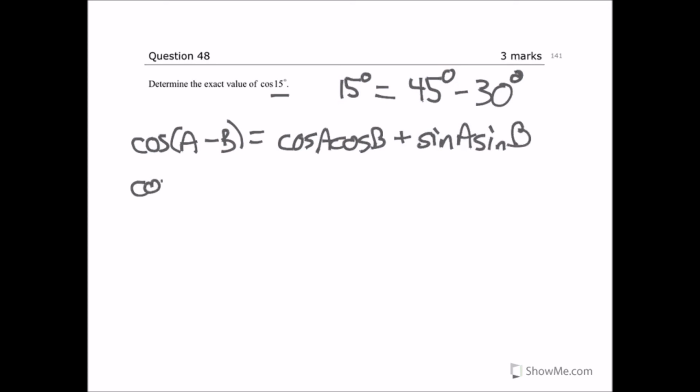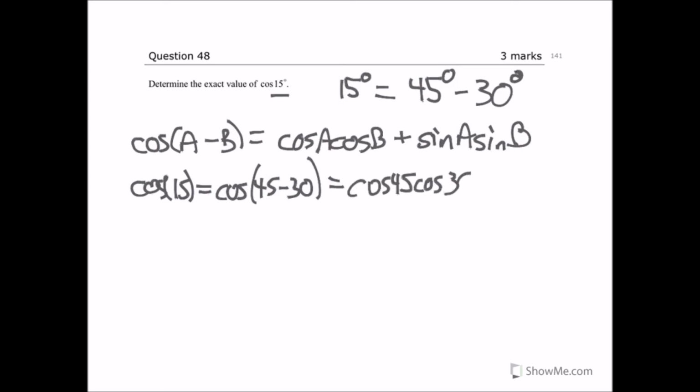And so we want cos of 15, so this is cos of 45 minus 30, which equals cos 45 cos 30 plus sine 45 sine 30 degrees. Cos 45 is root 2 over 2.